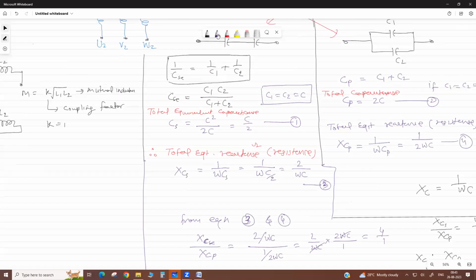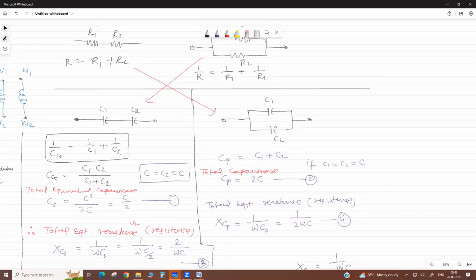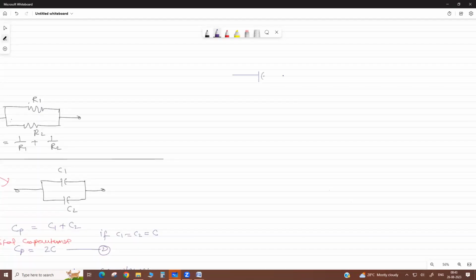Take an example. Suppose two capacitors of 1 microfarad and 1 microfarad. In series, what is the total capacitance?